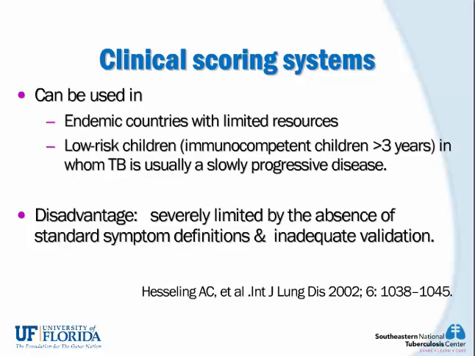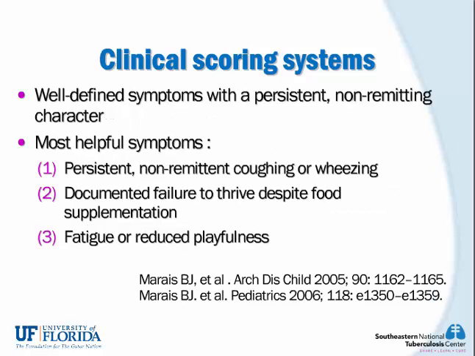The main disadvantage of this clinical scoring system is that it is severely limited by the absence of standard symptom definition, and it's inadequately validated. The clinical scoring system well defines symptoms which are persistent and non-remitting in character.